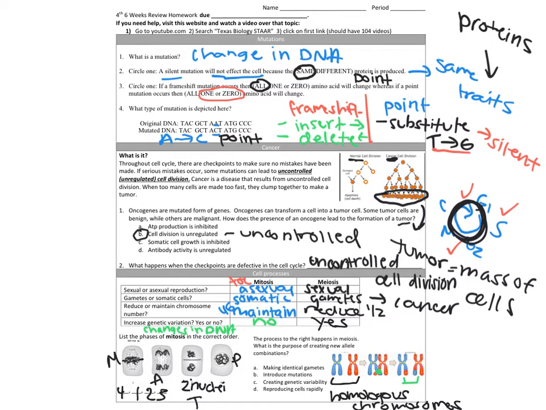Now, crossing over, another word for it is genetic or DNA recombination. If you look closely at those alleles, you can see I'm switching up that DNA. What I am doing here is not making identical sex cells, right? I'm switching them up. I'm not adding any mutations. I'm creating genetic variability. Now, genetic is DNA. Variability means differences. And this has nothing to do with how fast I'm reproducing. So again, that process is in meiosis.